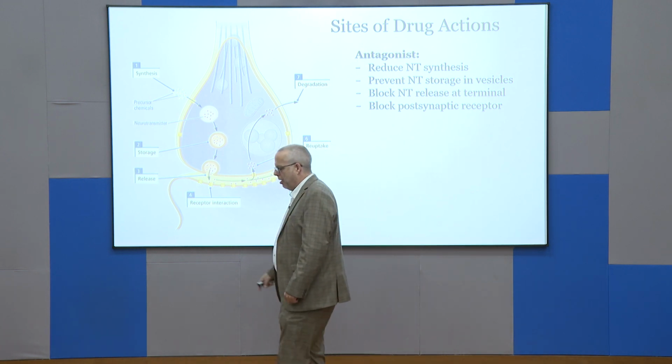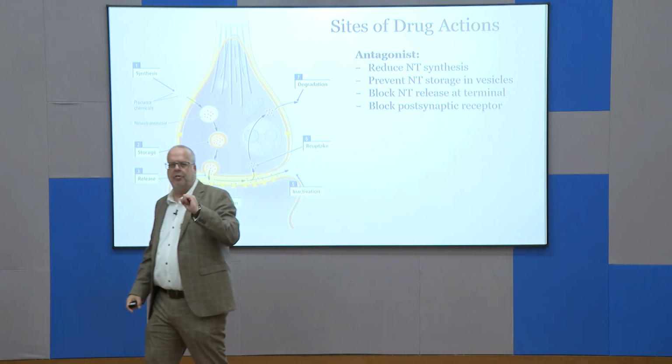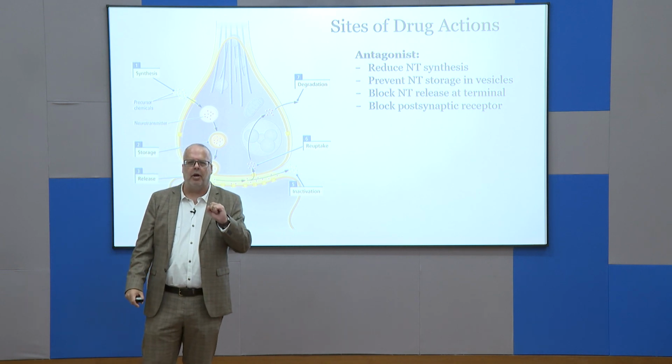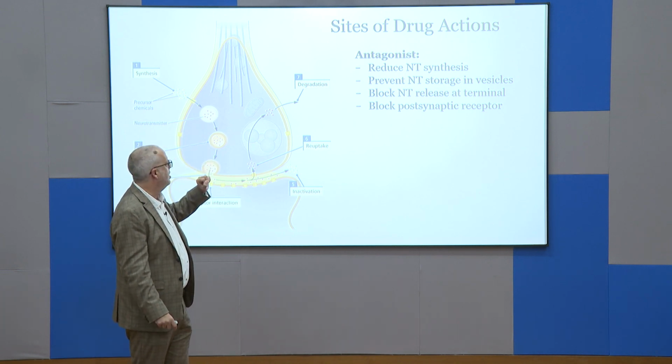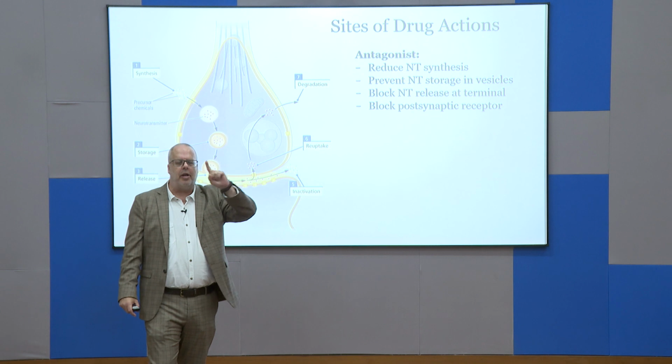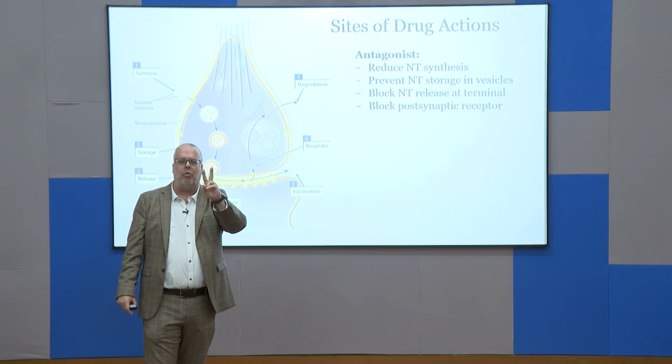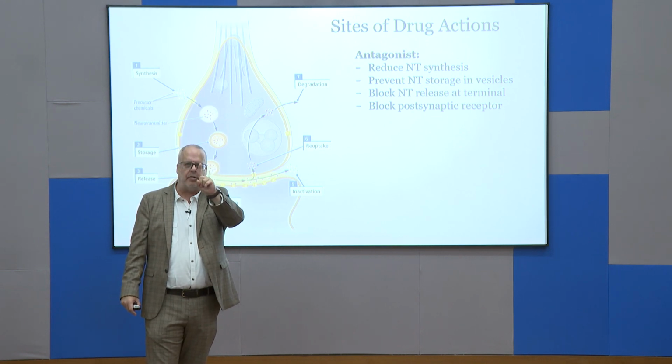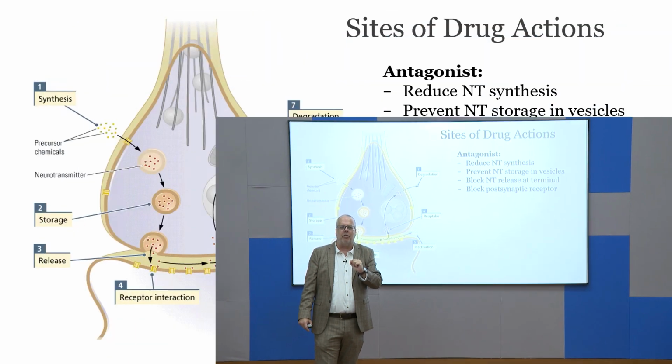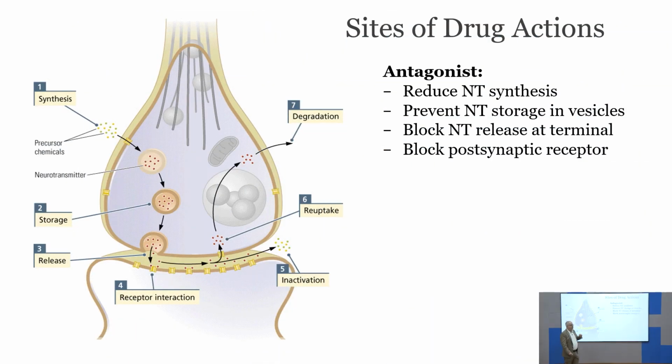So how do drugs work? Well, I'm going to go through this a little bit quickly. We can certainly come back and talk about it in a later lecture as we need more detail. But remember, drugs can have two effects. They can act as an antagonist or as an agonist. Antagonistic means that you inhibit the action of the neurotransmitter. We can do this by reducing the synthesis, the production, the generation of the neurotransmitter. We can prevent its storage within those vesicles.